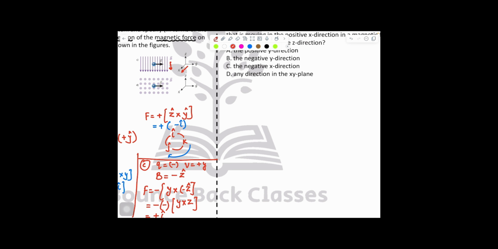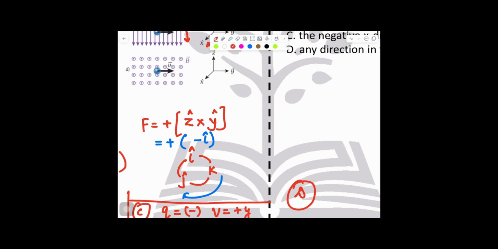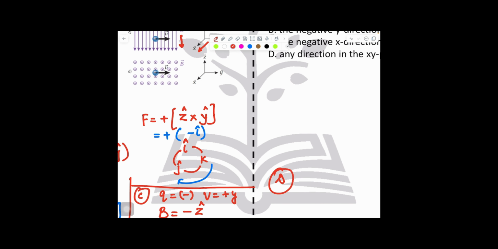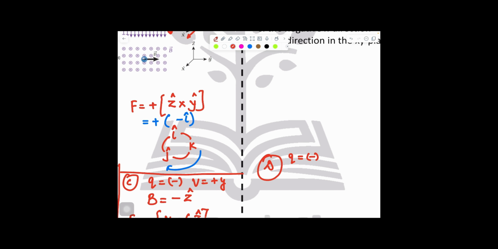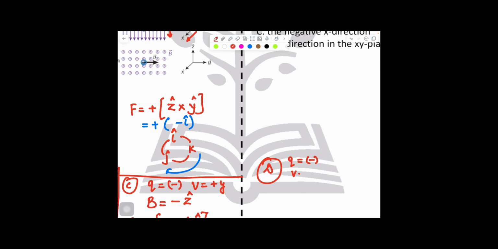I will write the D part here. What we have here, guys, just check. You have the charge Q, which is equal to negative. Fine. Velocity is going towards the positive y-axis, and now the magnetic field. This is something you need to focus on, where the magnetic field is going.